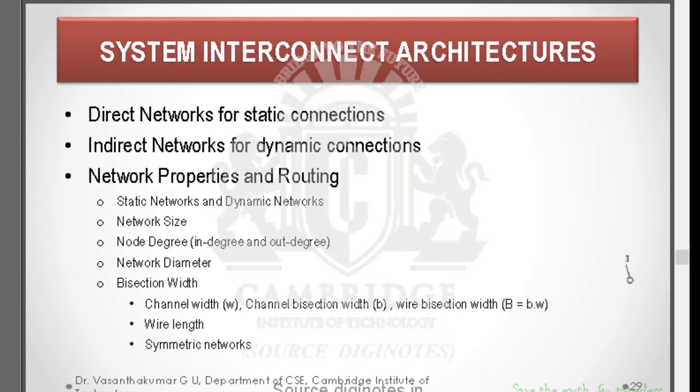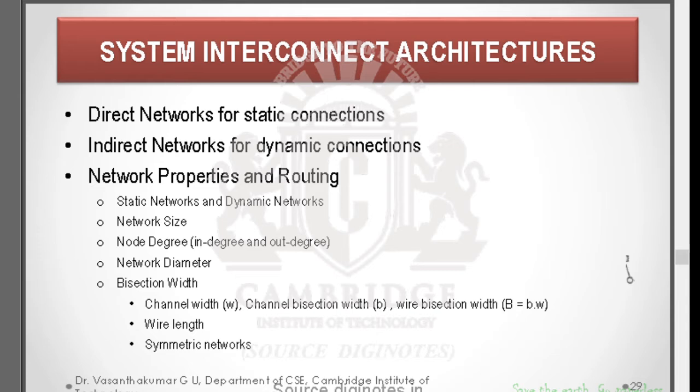So how exactly it is interconnected with the different parts of the architecture. There is a direct network for static connections, and also indirect networks for dynamic connections. Then network properties and routing has these attributes, which are static networks and dynamic networks. The network size, what is the size of the network, then node degree, that is how many nodes are present in our system, in degree and out degree, both are considered here.